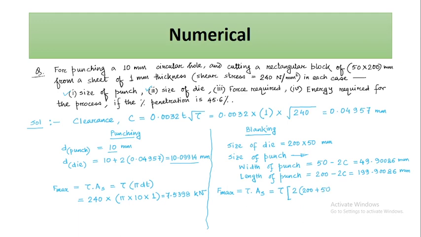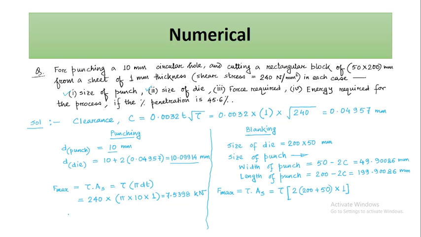So 2 into (200 plus 50) into the thickness. Thickness is 1 mm. So if we calculate it, the tau value will be 240.